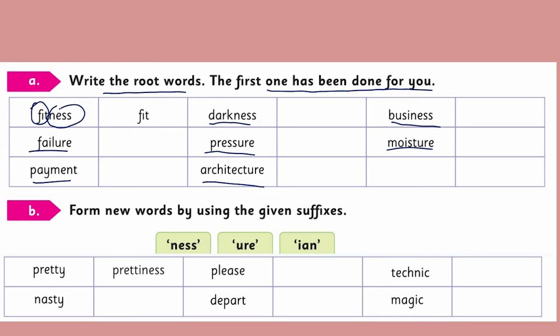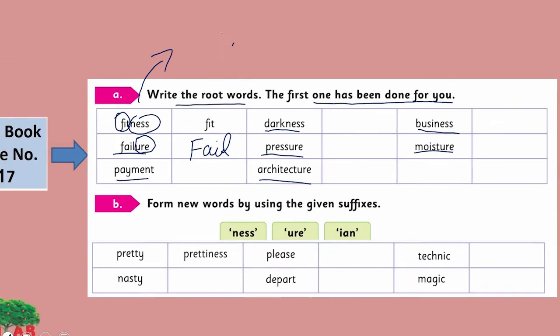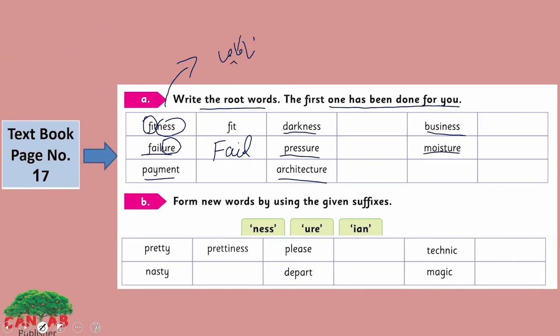So failure becomes, if we remove ure from it, it becomes fail. And it totally changes its meaning. Like how? Failure means nakamyabi, and fail is nakam. Darkness becomes, if we remove this ness here, it becomes dark.